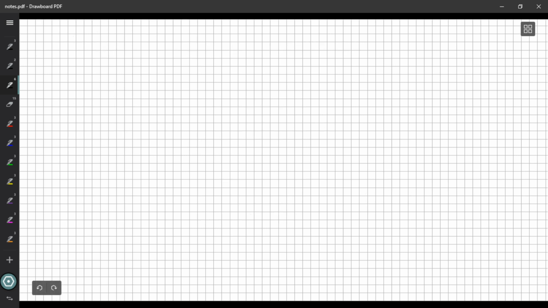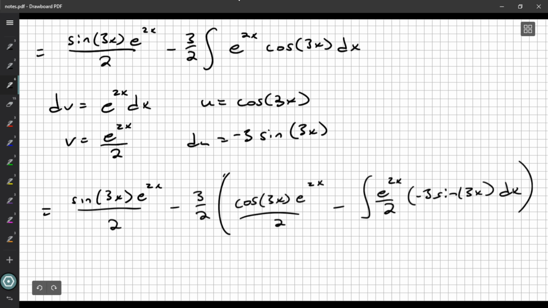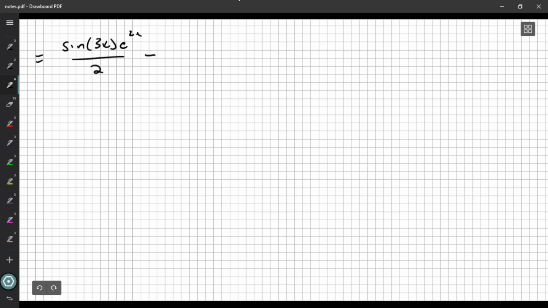Let's clean it up a little bit on the next page. So sine 3x e to the 2x over 2 minus, oops, wrong way. First the minus 3 over 2 times this, so that's going to be minus 3 cos 3x e to the 2x. The two 2's on the bottom will combine to be a 4.